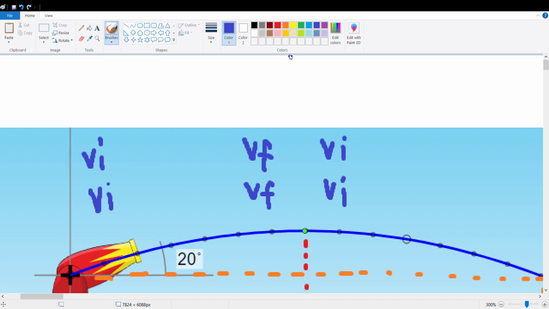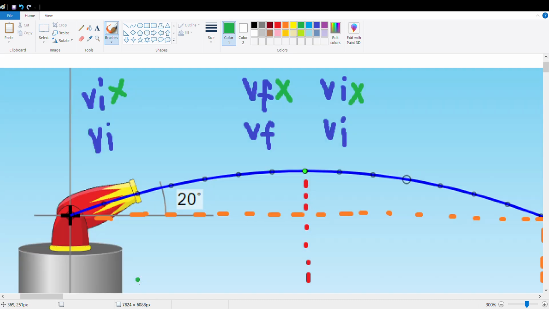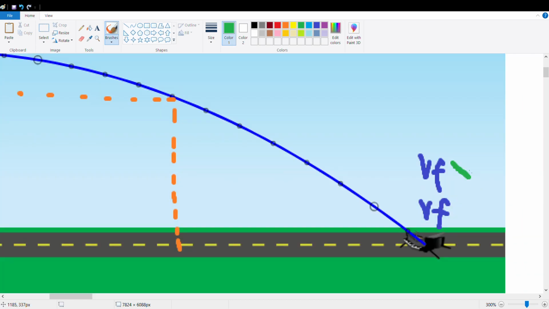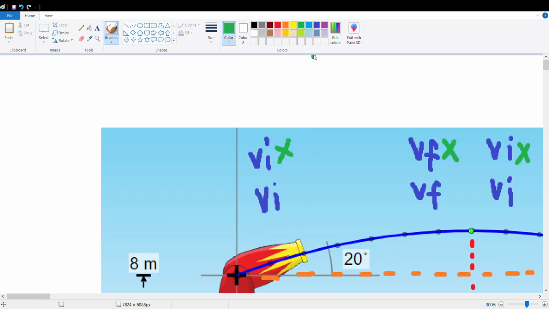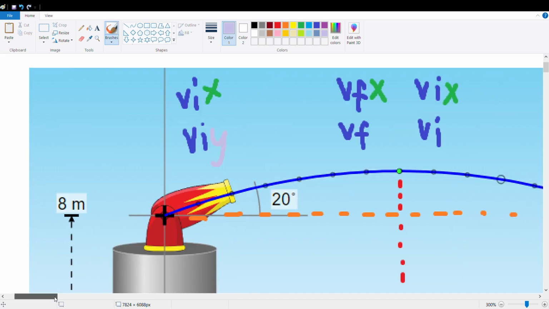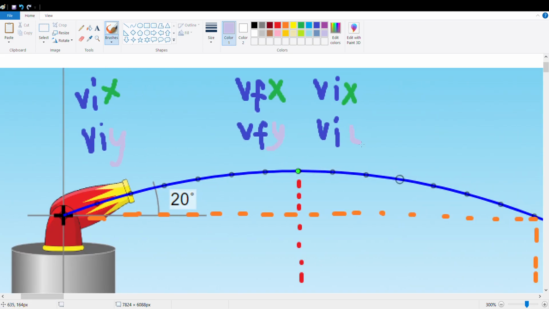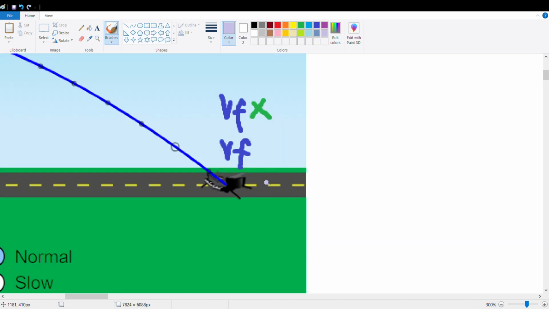Now we can color code these: X, X, X, X, then this one as well, Y, Y, Y, and Y.